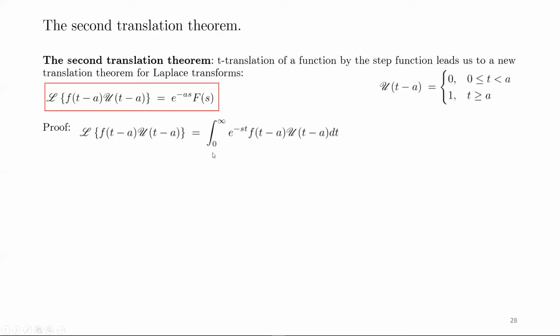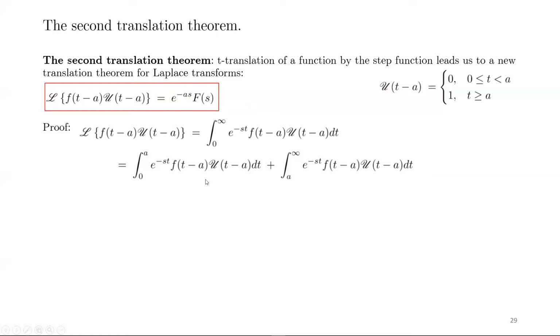So we get the integral from 0 to infinity of e to the minus st times the function that we're trying to evaluate the Laplace transform of. I can split this integral up, because we're allowed to split up integrals, into two parts: the first being the integral from 0 to a, and the second being the integral from a to infinity, so that these two lines are equivalent.